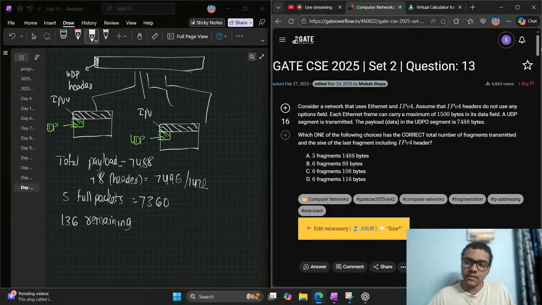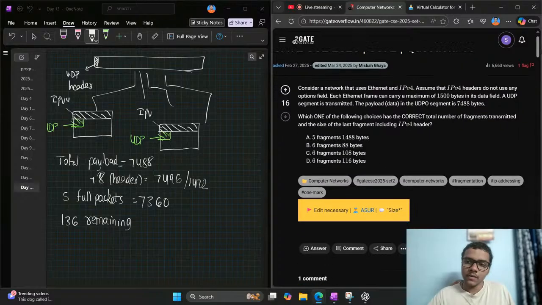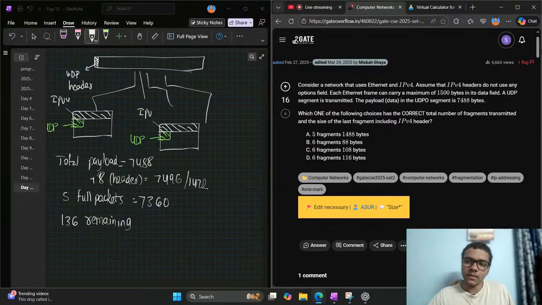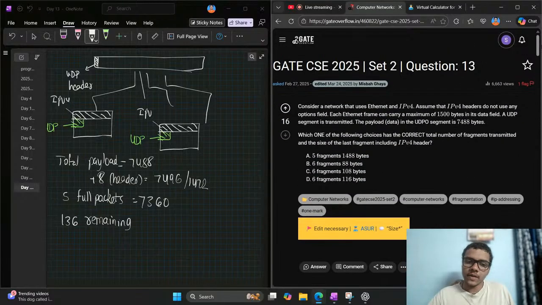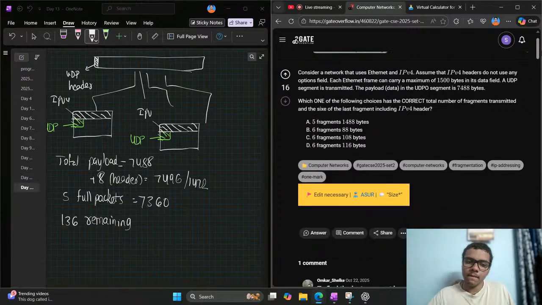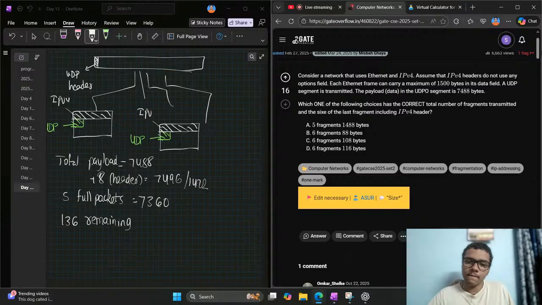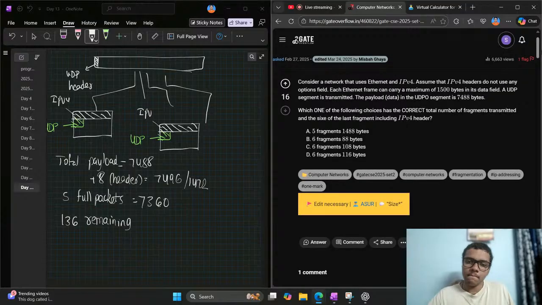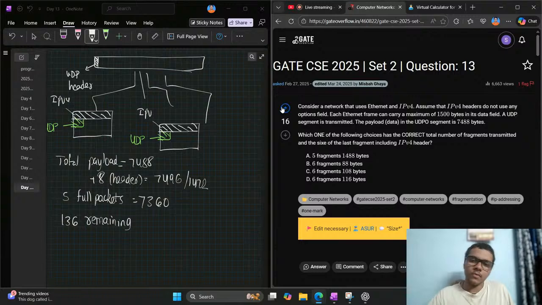What is the size of the last fragment including the IPv4 header? So 7496.